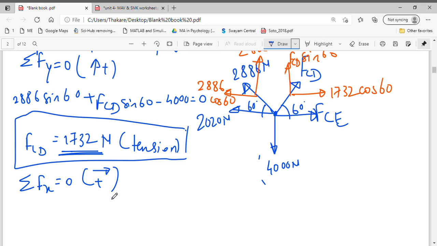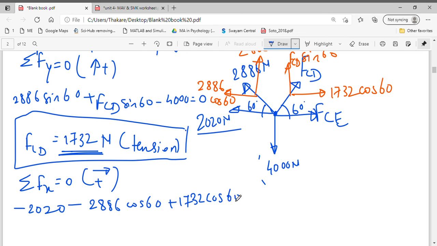So while taking summation of horizontal forces, 2020 is acting towards right, so it will be minus 2020. 2886 cos 60 is acting towards left, so it will be considered as minus 2886 cos of 60. 1732 is acting towards right, so it will be considered as positive 1732 cos of 60, and FCE is acting towards right, so again positive FCE equals 0.